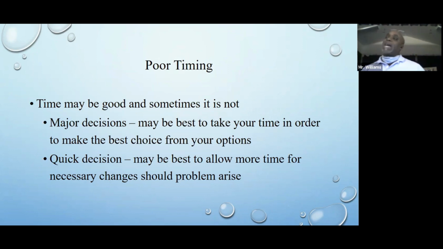But at the same time, with a major decision, you may be able to go ahead and make a quick decision, okay, which would allow you to make changes to your decision as problems arise. So like I said when I started, it may be good, it may not be. It's a matter of whether or not you have the time to make the proper decision.